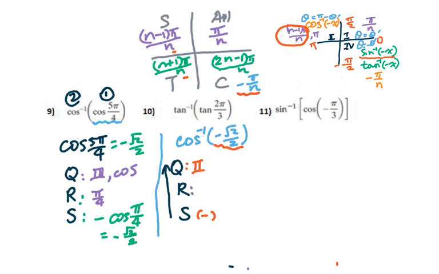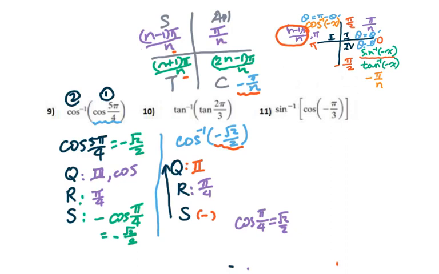We know that cosine pi over 4 is square root of 2 over 2. That's the reason pi over 4 will be the reference angle. If you want to use left-hand tricks, then the last finger folded will be the reference angle.